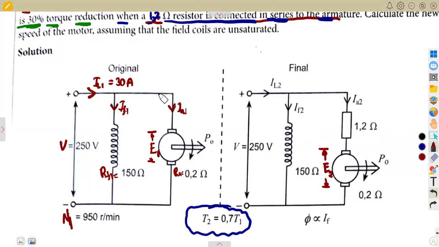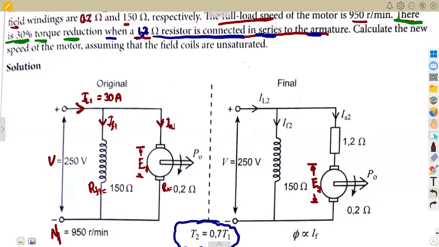So we saw that from this we are given, let us take this. They are saying calculate the new speed of the motor. Sometimes they'll ask you to calculate another thing on its own. So there it is to calculate the new speed, meaning we need N2, because we already have N1 from our original condition.